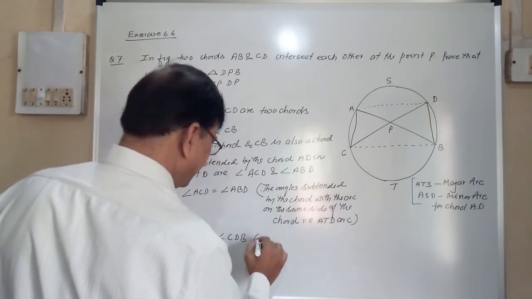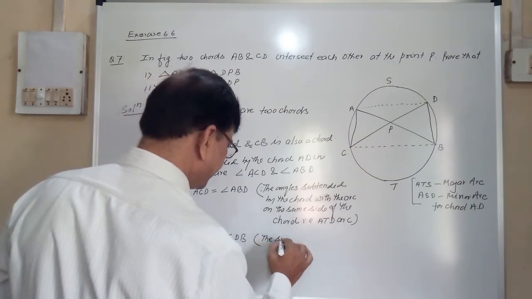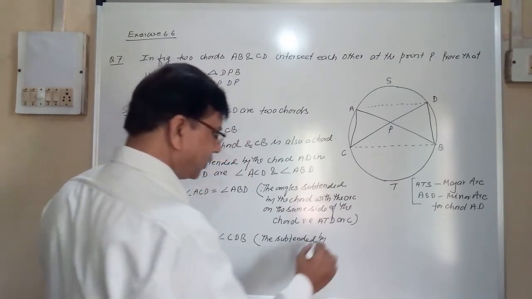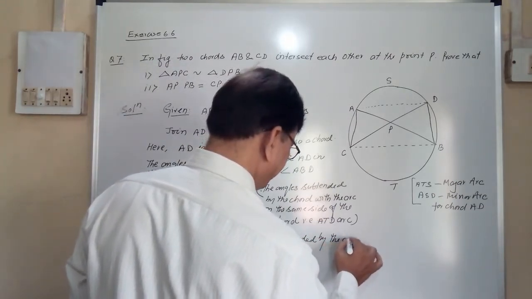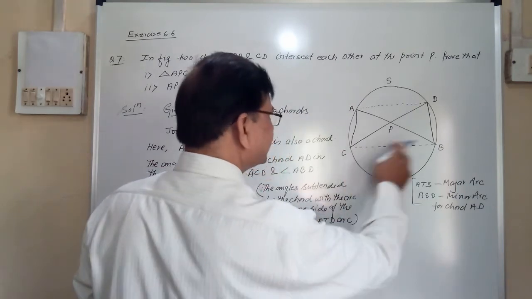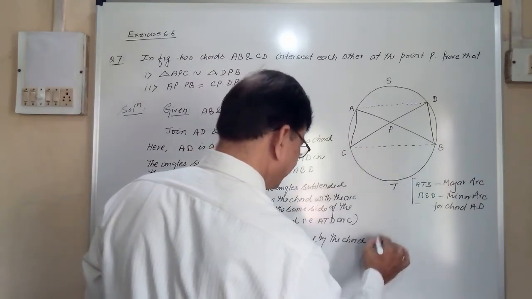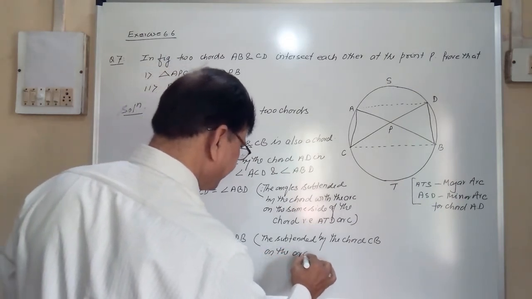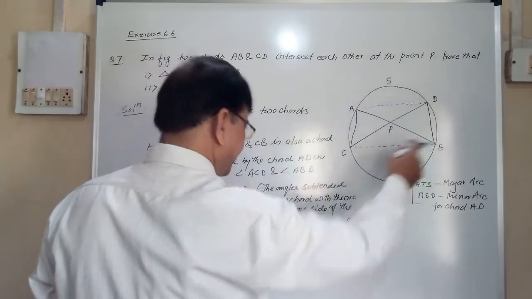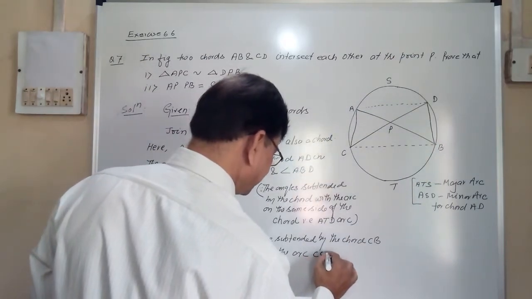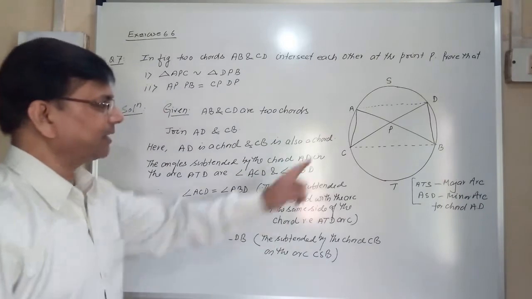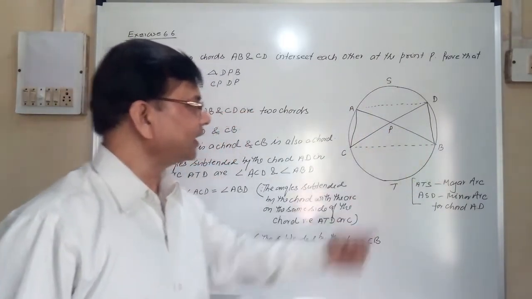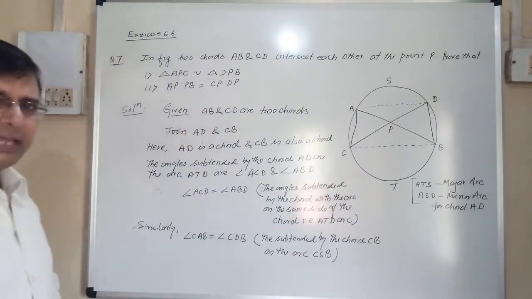So here the angles subtended by the chord CB on the arc CSB, on the same arc CSB, these are the two angles subtended by this chord, so these angles will be equal.